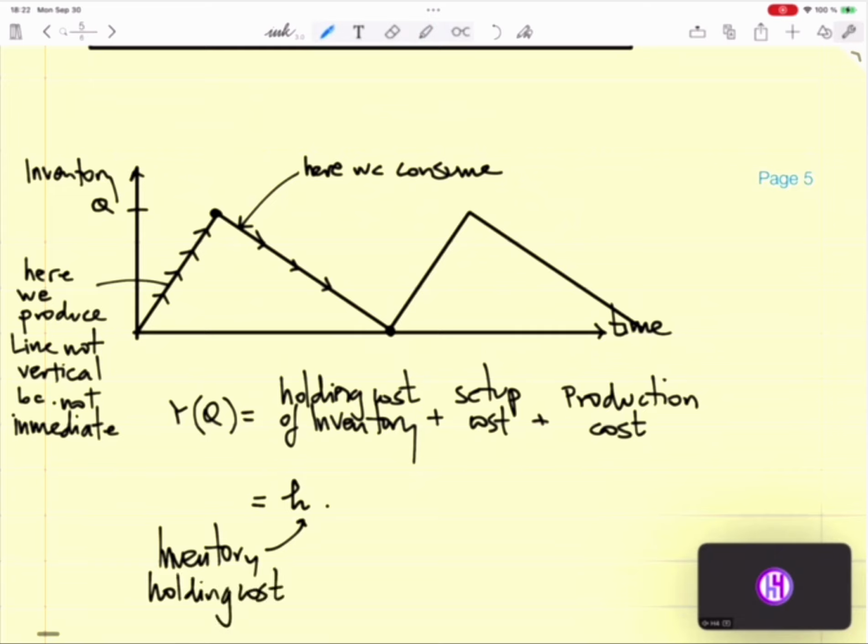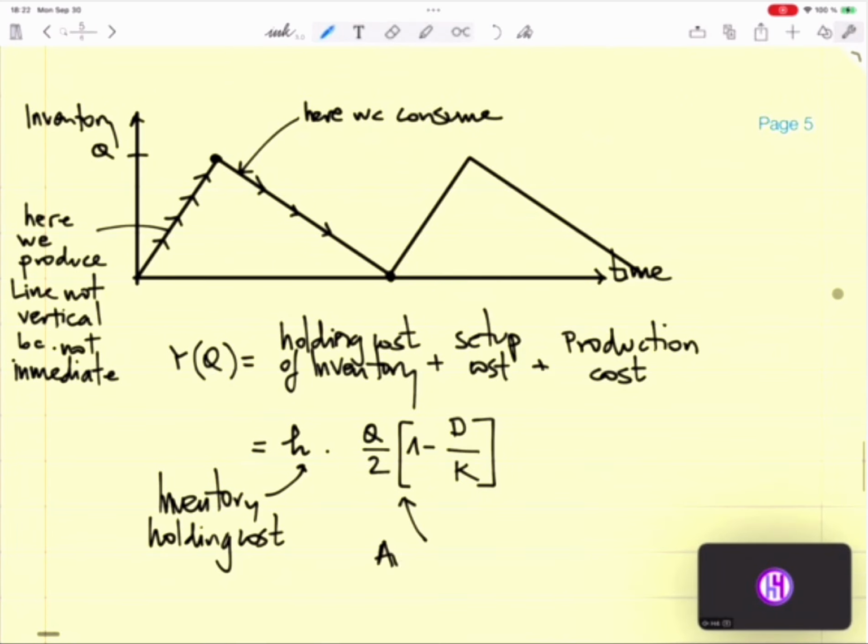And now the average inventory. It's not going to be Q divided by 2 because we have different rates. So we have here something like this, D divided by K. So this is the average inventory. Okay.